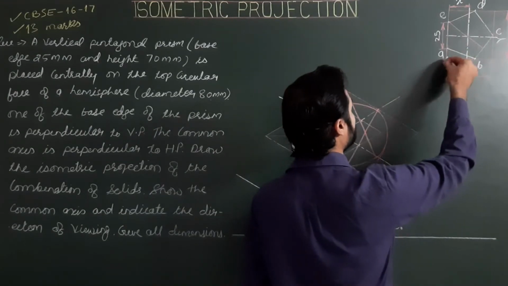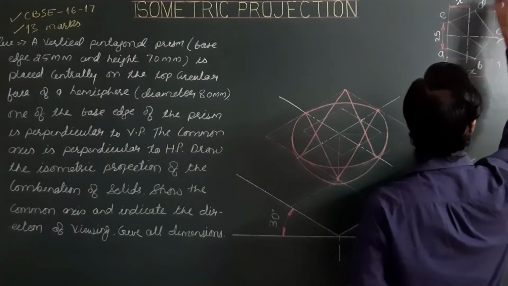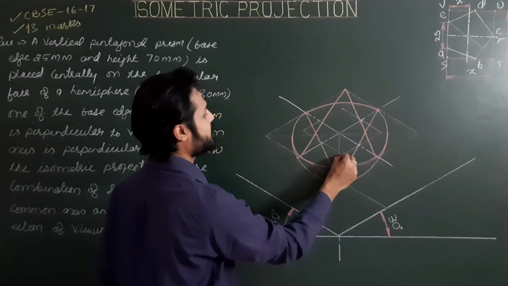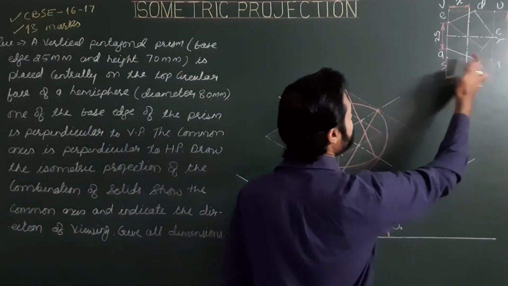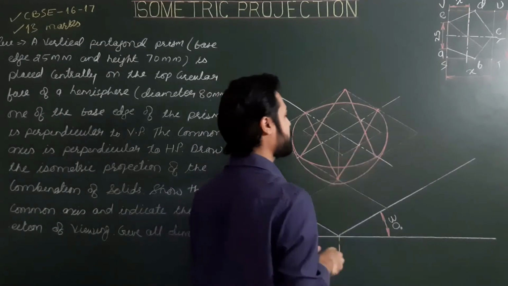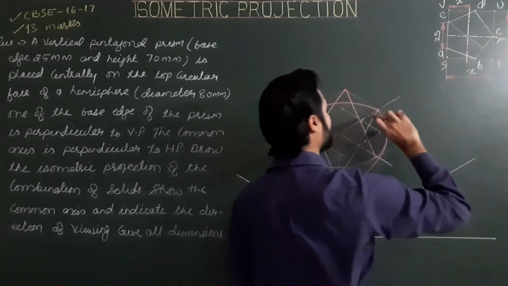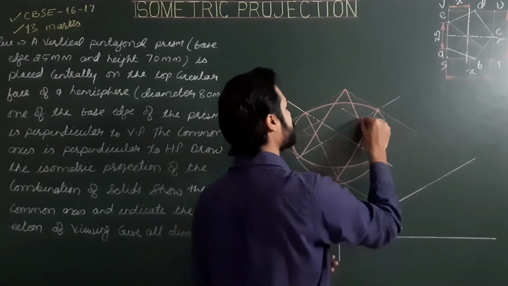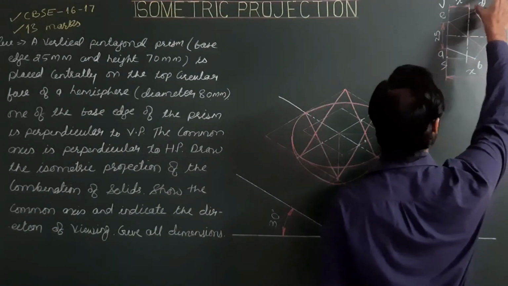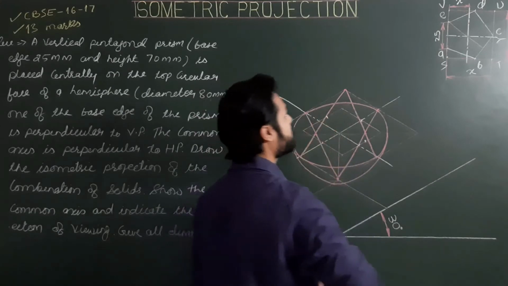Say the corners of the helping figure are S, T, U and V. This is the first point S. From S to B, this is the distance S to B. Then from T to C, point C will be on the center line, this is C. U to D, this is the point.